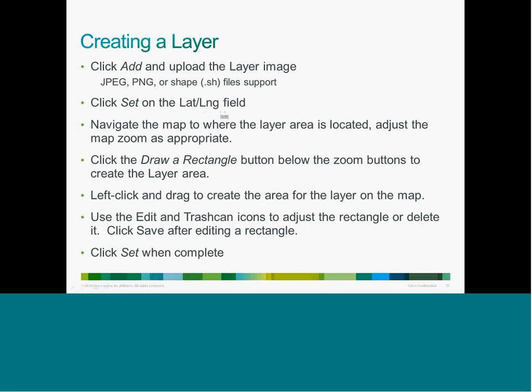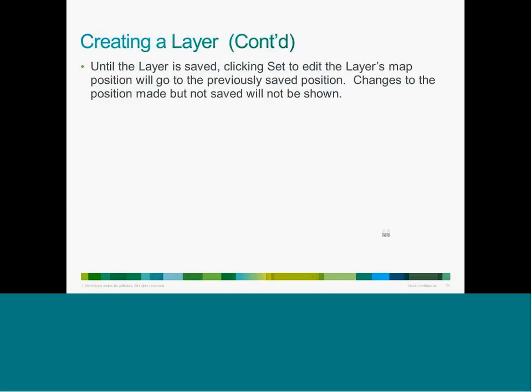We went through all these steps to select the latitude and longitude positions. We saw how to draw a rectangle and then create a layer. There were a couple of icons which allowed edit and delete of the work I was doing when I was drawing the rectangle. To save, it's not saved.